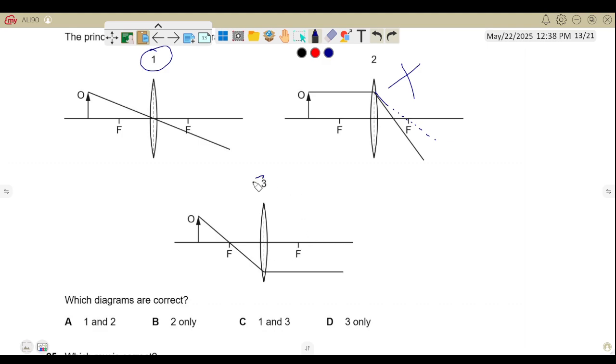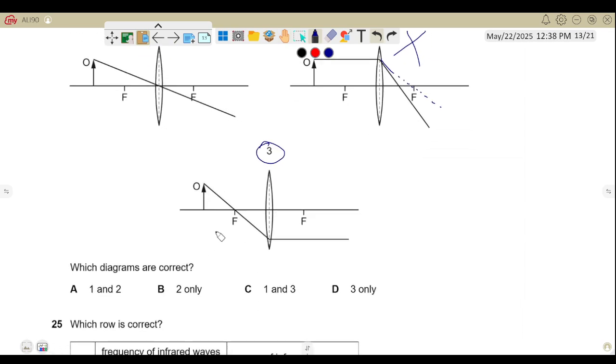That means 3 is correct also. So 1 and 3 only are correct, but 2 is not. So where are 1 and 3? Option C. That means C is the answer.